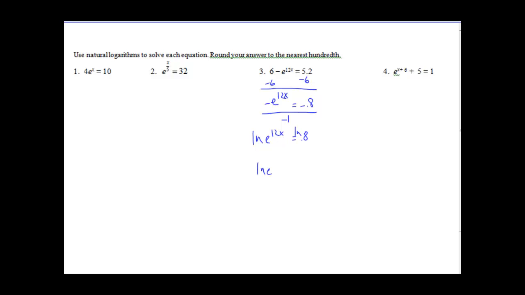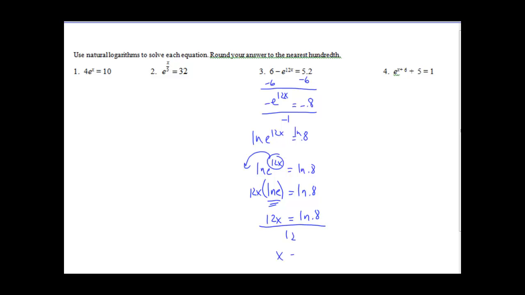So ln of e to the 12x equals ln of 0.8. This now, exponent 12 times x, can come out in front. And we have 12 times x times the ln of e equals the ln of 0.8. The ln of e is 1, so we have 12 times x equals ln of 0.8.